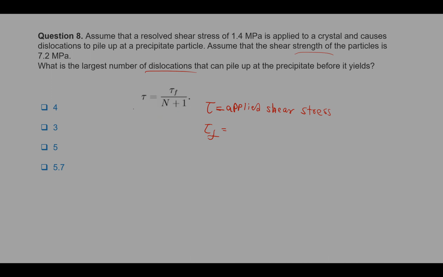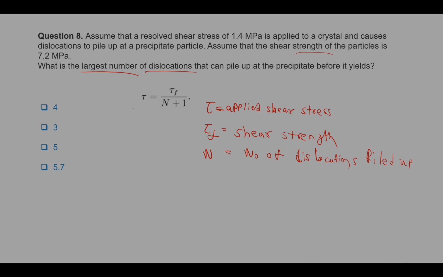That is shear strength. And what is N? N is the largest number of dislocations, the number of dislocations piled up.